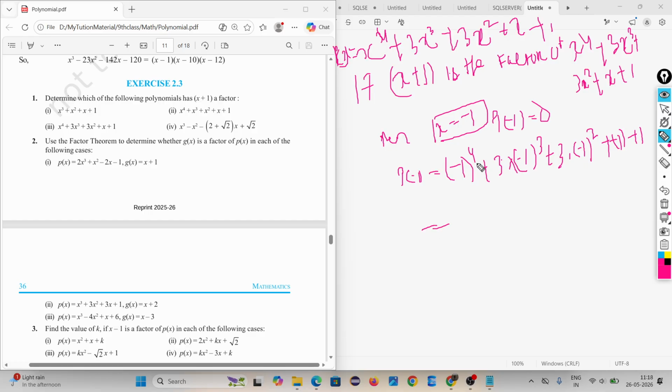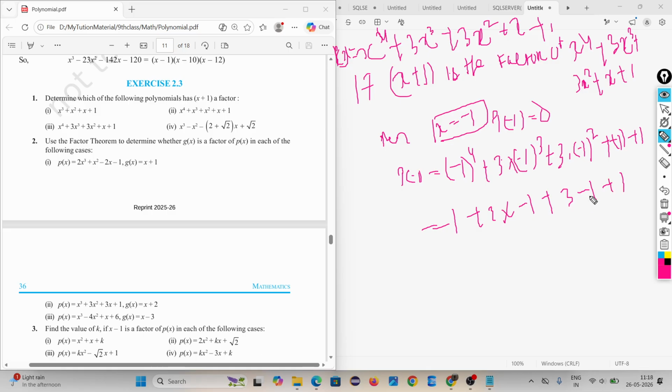Minus 1 to the power 4 is even, so 1. Plus 3 into minus 1 to the power 3, odd, so minus 3. Plus 3 into minus 1 square, even, so plus 3. Then minus 1 plus 1.